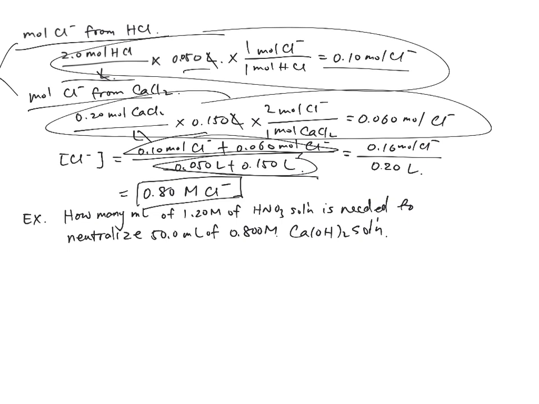All right, so you can see some similarity of this question again with the common ion concentration calculation and the dilution calculation. Why? Because you're again adding two solutions together.